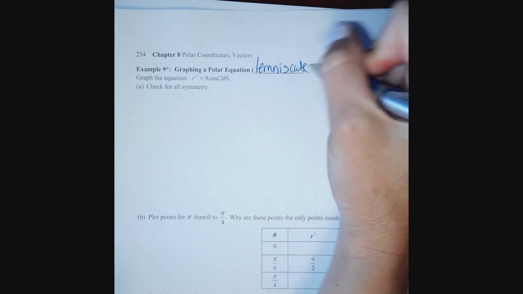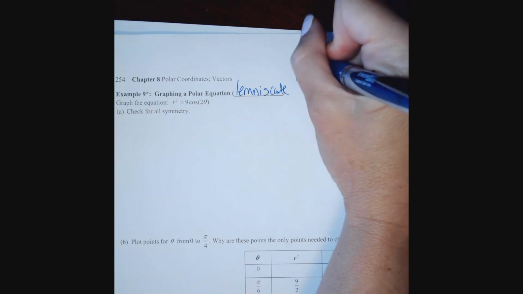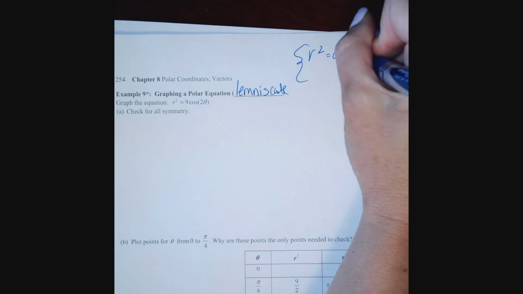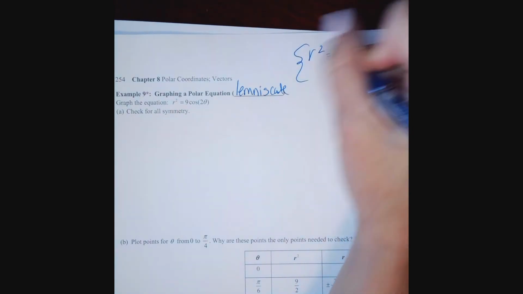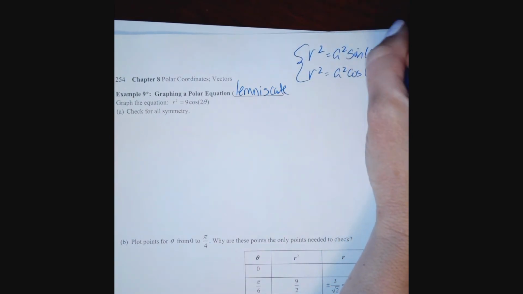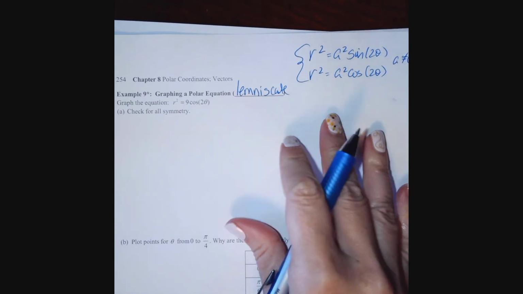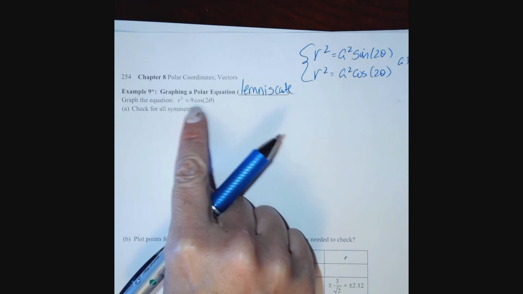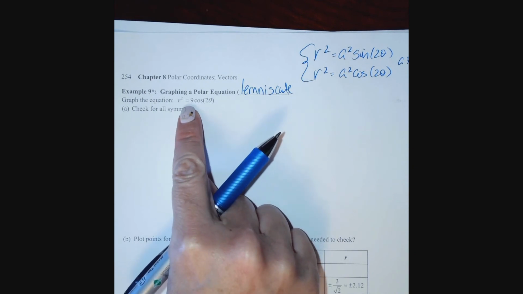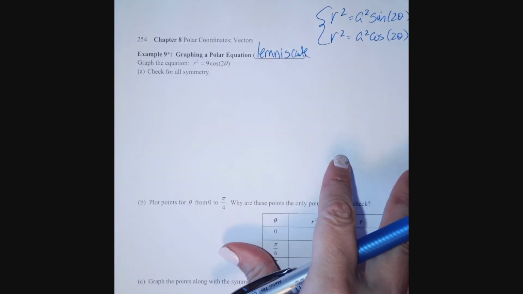A lemniscate comes in the form of r squared equals a squared sine of 2 theta, or r squared equals a squared cosine of 2 theta, as long as a is not 0. So here we go, r squared equals 9 cosine 2 theta, so my a value is 3, because my a squared is 9.